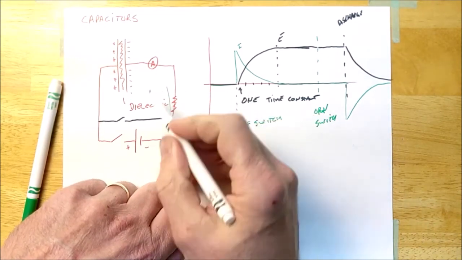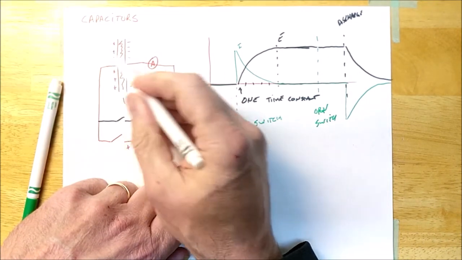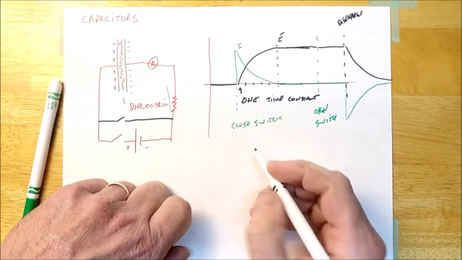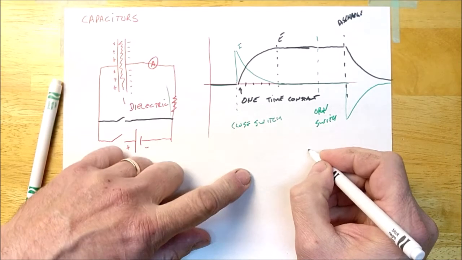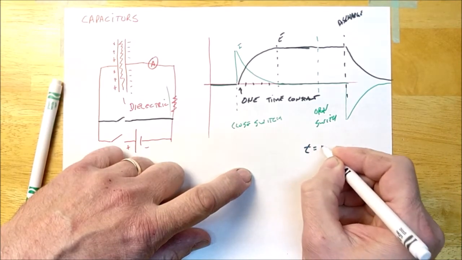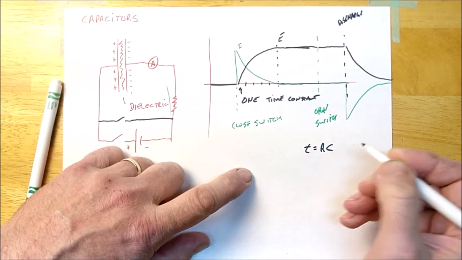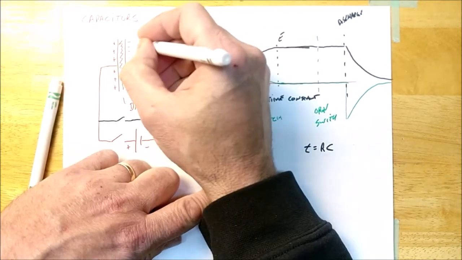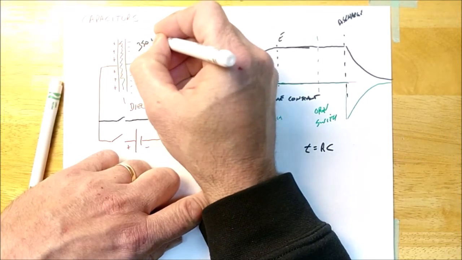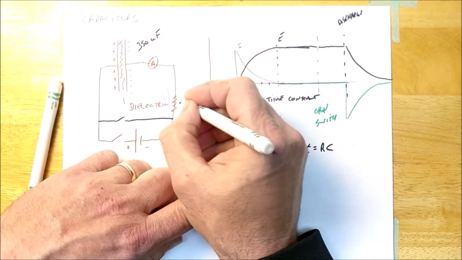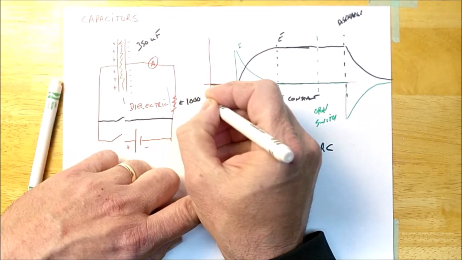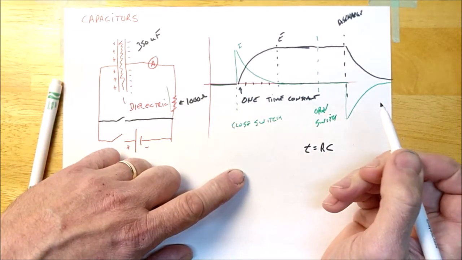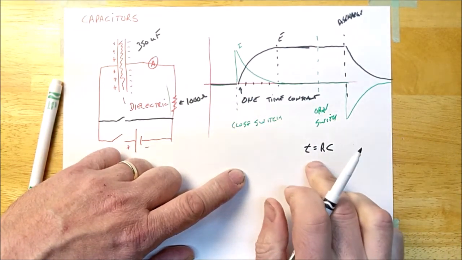If you know the value of the capacitor in microfarads and also the value of the resistor in ohms, it is this formula right here. T is equal to RC. And so, if this was 350 microfarads and this here was 1,000 ohms, I could calculate exactly how long one of those time constants is using this formula right here.